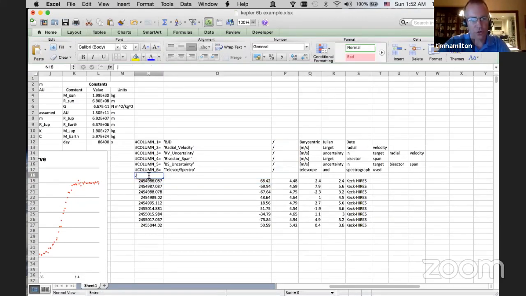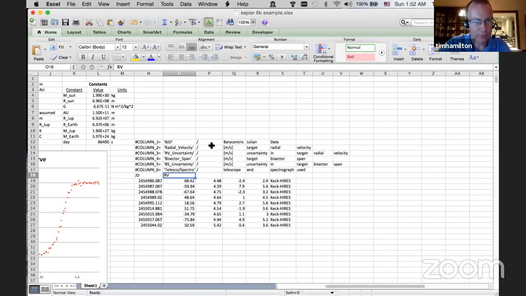Let me just put here JD, radial velocity in, what are the units? Meters per second. Okay. Positive is towards us, negative is away from us, I think. And then we've got other stuff on here, telescope and spectroscopy. That's the Keck Observatory in Hawaii and the high-res spectrograph. And we don't care about any of that.